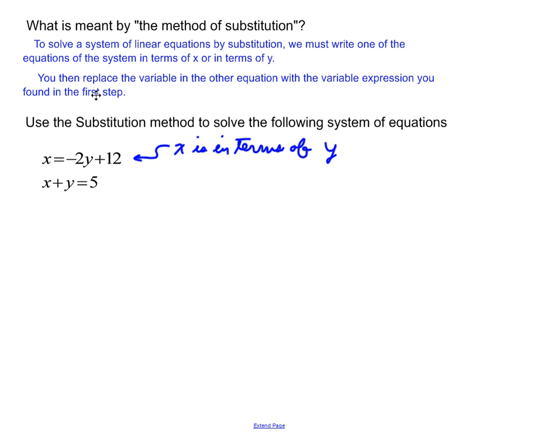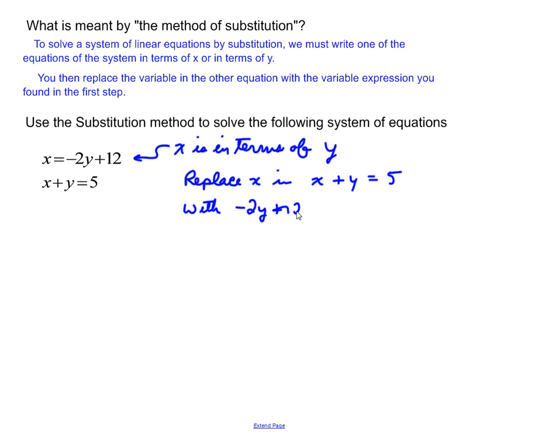So how is that useful? Well, it says replace the variable in the other expression with the variable expression you found in the first step. So what we're going to do is that everywhere we see x in equation 2, so in the equation x plus y equals 5, we're going to replace it with the expression negative 2y plus 12.